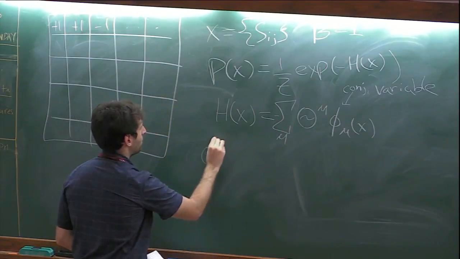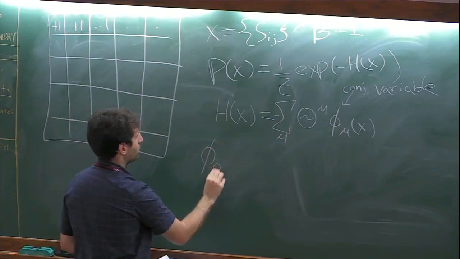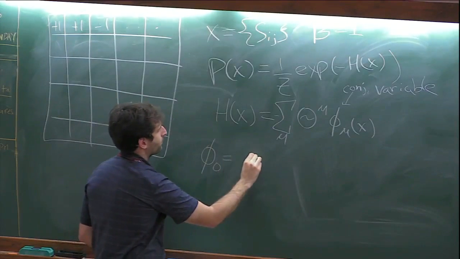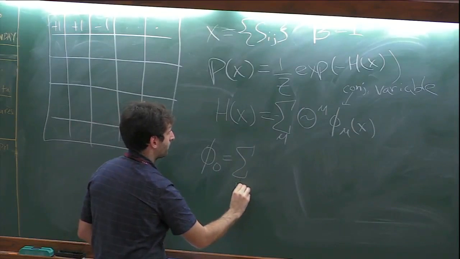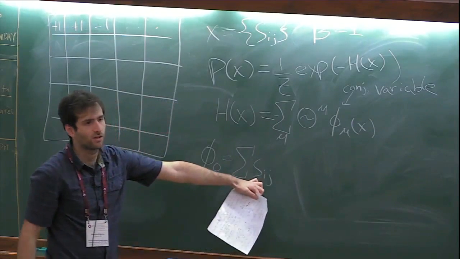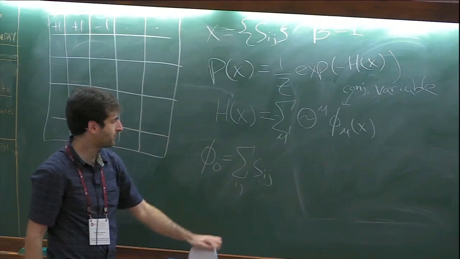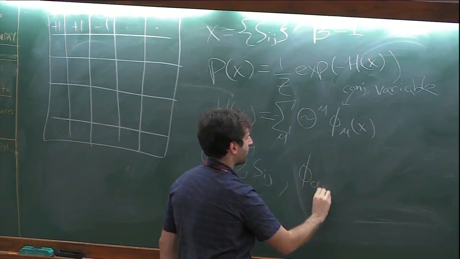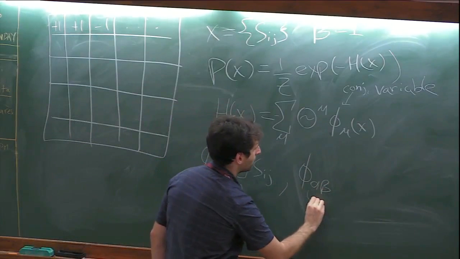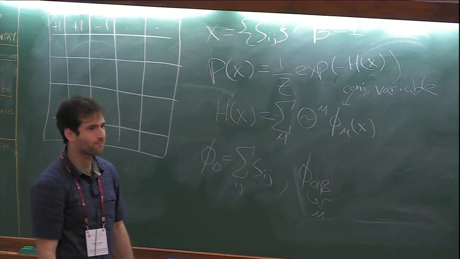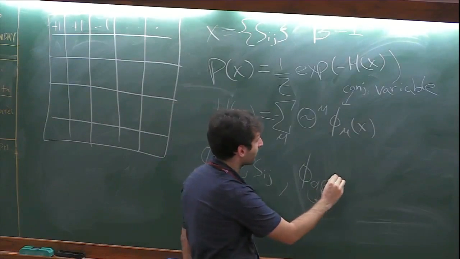So I'm going to have phi 0, so this is going to be a mu index here. So this is going to be just the sum of all the spin variables. And then I'm going to have phi alpha beta, where this whole thing is a mu here. This is just convenient to write like this.